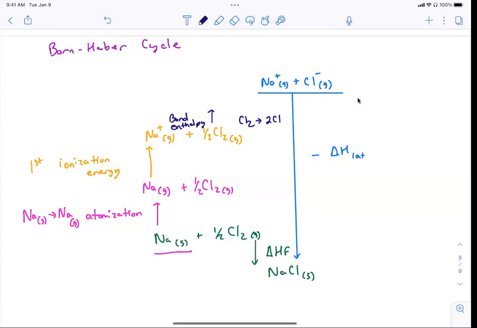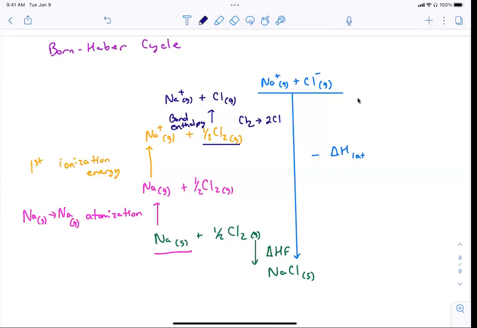Okay, so this becomes Na plus gas plus Cl gas. But what does bond enthalpy represent? How much Cl2 does bond enthalpy represent? 1 mole of bonds. Are you breaking 1 mole of bonds here? Which one are you doing?